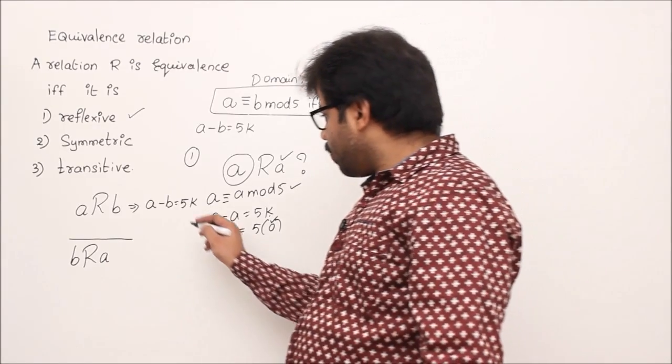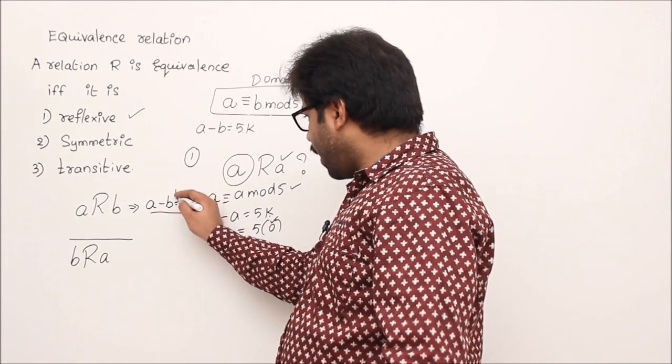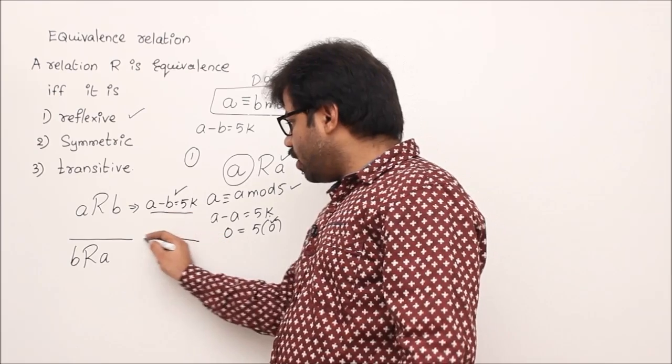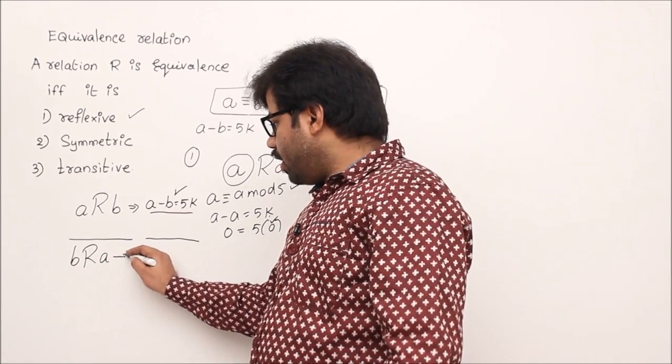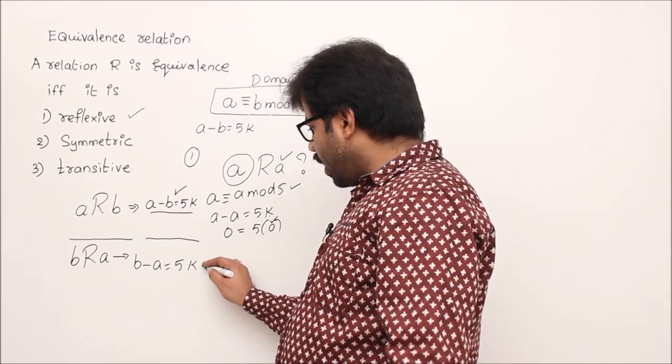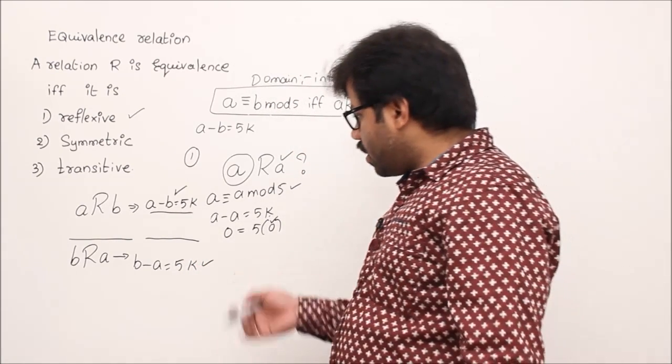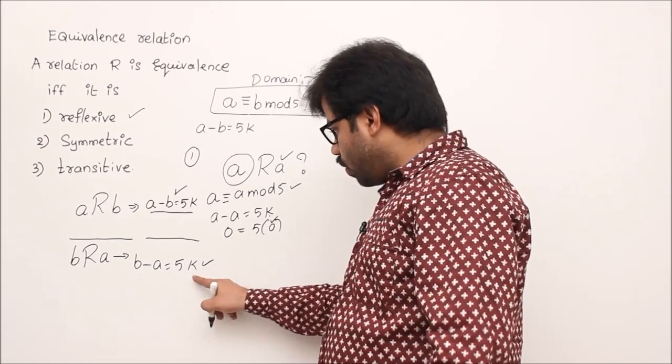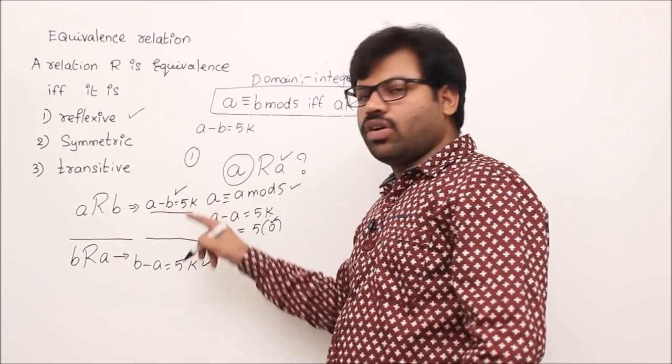So let me take A minus B equal to 5 into K as true, and can we prove that B is related to A? B related to A means B minus A should be 5 into some K. Can we do it? Let's try to get B minus A equal to 5 into K from A minus B equal to 5 into K.